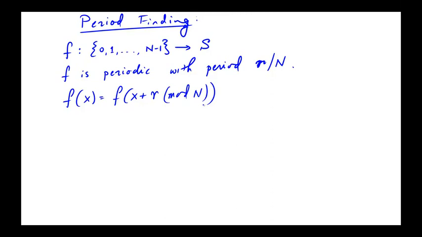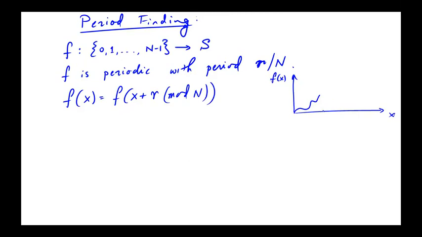Moreover, we are told that f is periodic, but within each fundamental period it's 1 to 1. So f of 0 is different from f of 1, is different from f of 2, is different from f of r minus 1. But then once you get past r minus 1, you keep repeating. So if you were to plot this out, with x on one axis and f of x on the other, maybe this is what f looks like.